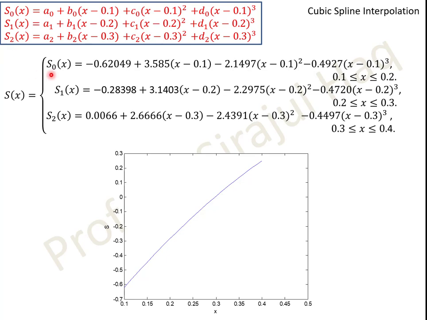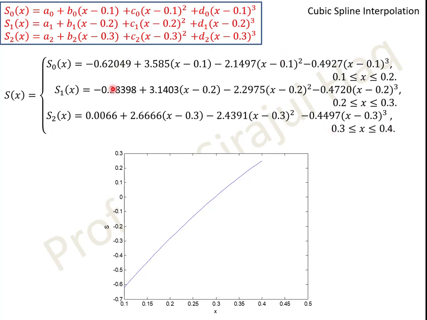That will be equal to the integral of S0 from 0.1 to 0.2 dx plus the integral of S1 from 0.2 to 0.3 dx plus the integral of S2 from 0.3 to 0.4 dx.